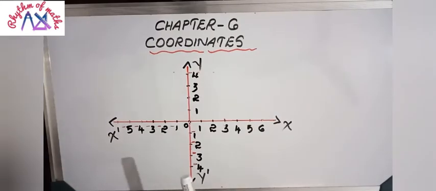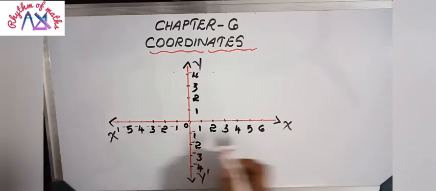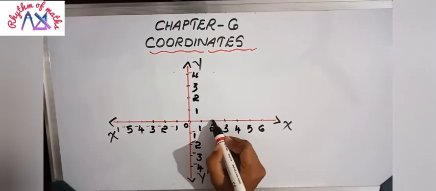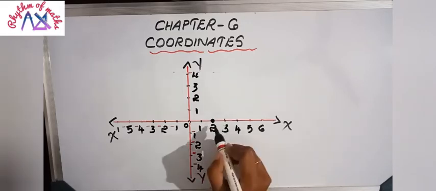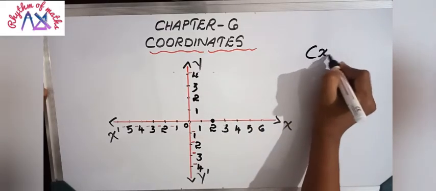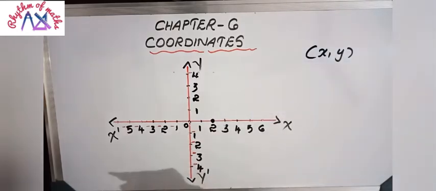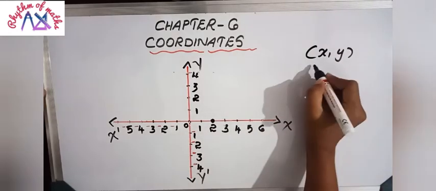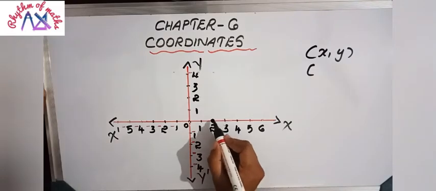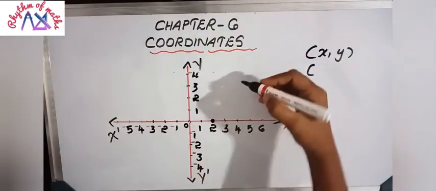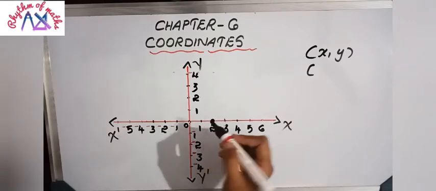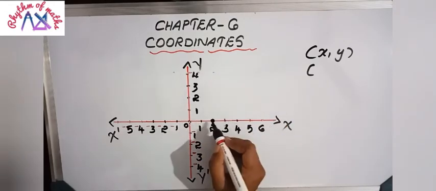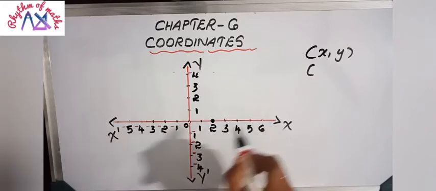Now if we have a point on the line itself, not in the plane, for example this point, how to write the coordinate of this point? Coordinate means ordered pair (x, y). For the x number, in the previous section we drew a perpendicular line towards the x-axis, but from this point we can't draw a perpendicular line because it is already on that line itself.